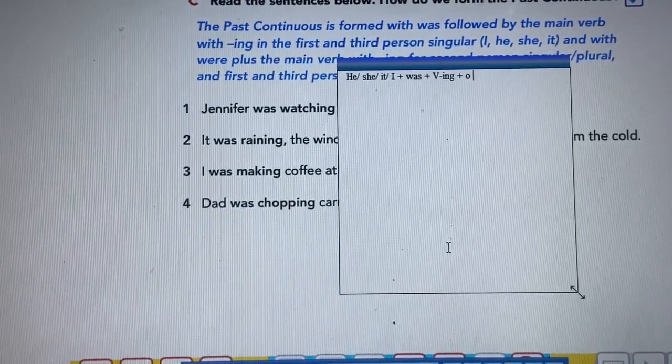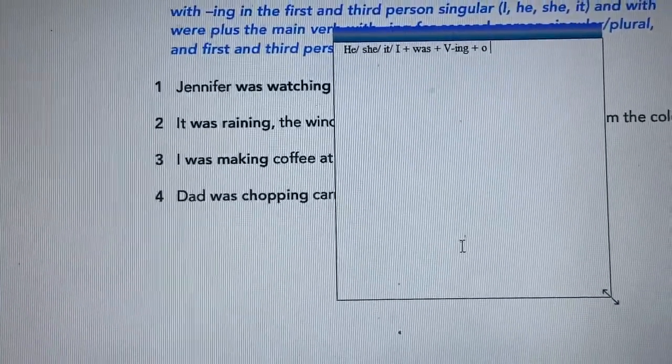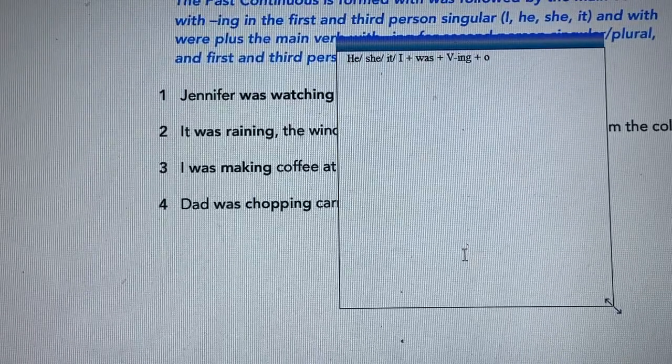So he, she, it, or I plus was, and the main verb ing plus the object.